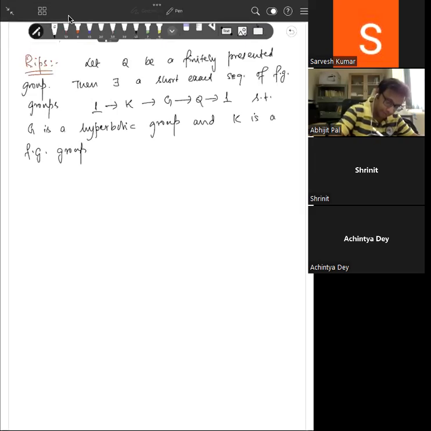What he has shown is that it is generated by 2 elements, but K is not finitely presented.